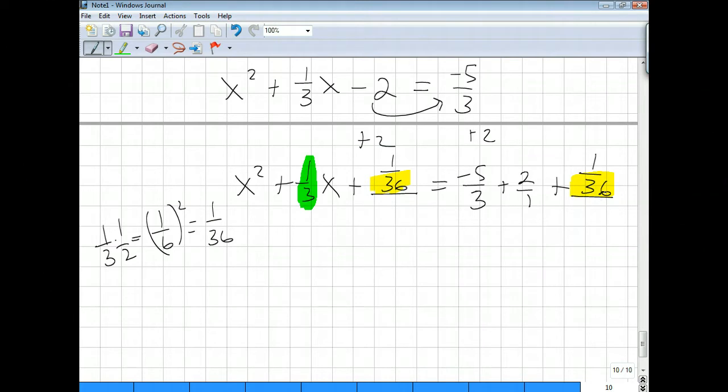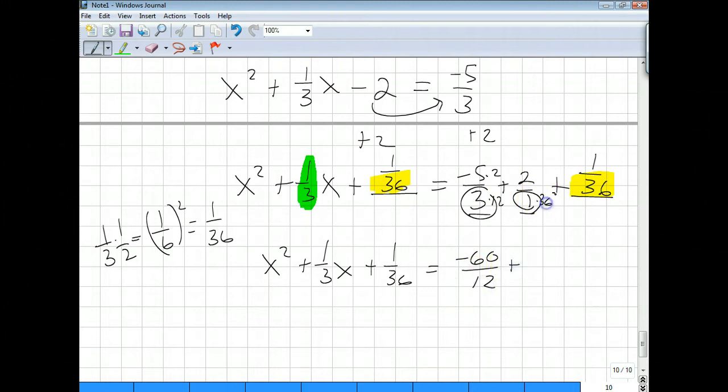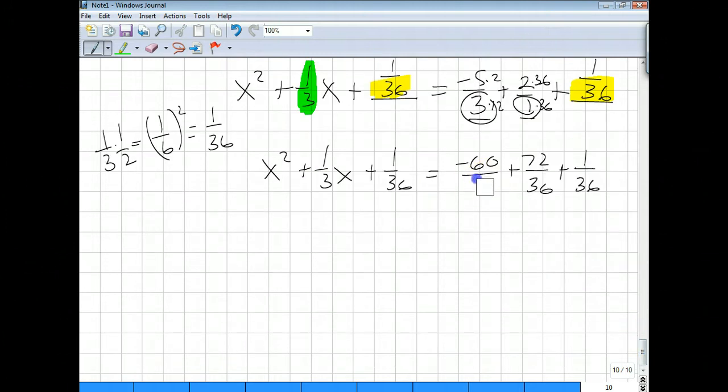Okay, then that's going to be x squared plus 1/3 x plus 1 over 36. And my common denominator here, looking at the denominators on the right hand side, is going to be 36. So I need to multiply this top and bottom by 12. So it's going to be negative 60 over 12. This top and bottom by 36. So 72 over 36 plus 1 over 36. Oops, I messed up here. 3 times 12 is 36, right?